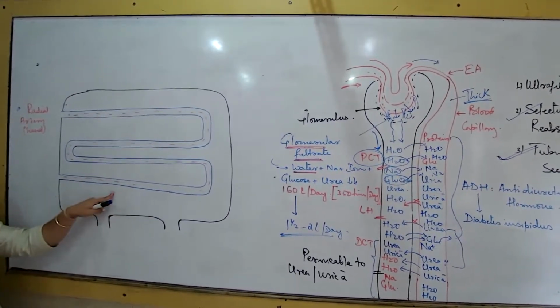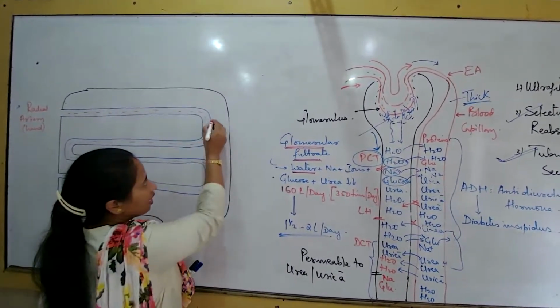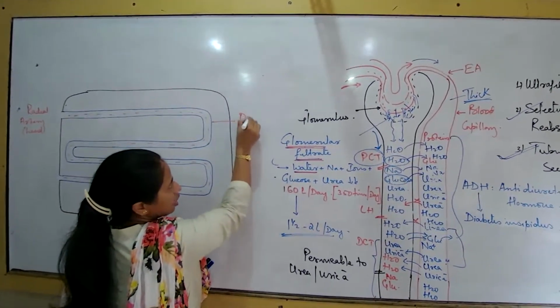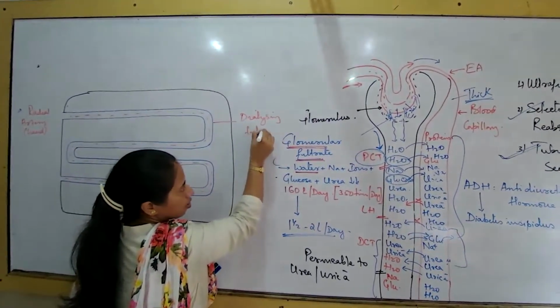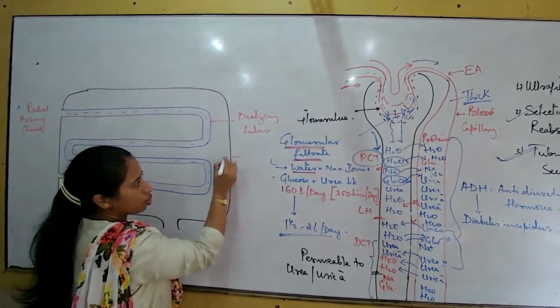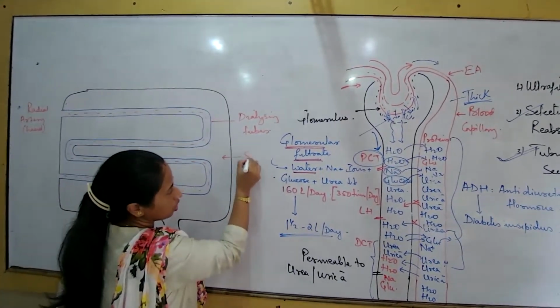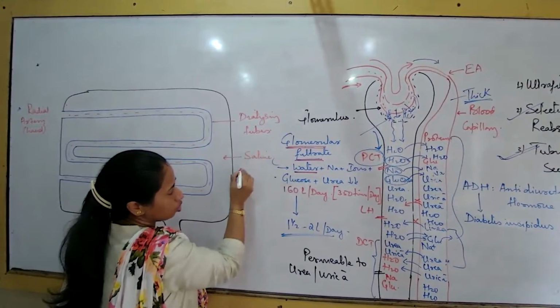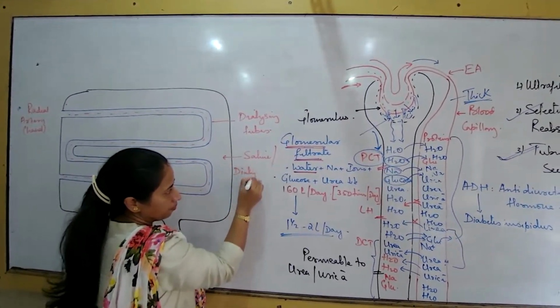So this set of tubes should be in contact with a fluid. Here I am talking about the dialyzing tubes, which you can see in that image also. There is a solution surrounding them. What is this particular solution? This is generally the saline solution, also known as the dialyzing solution.